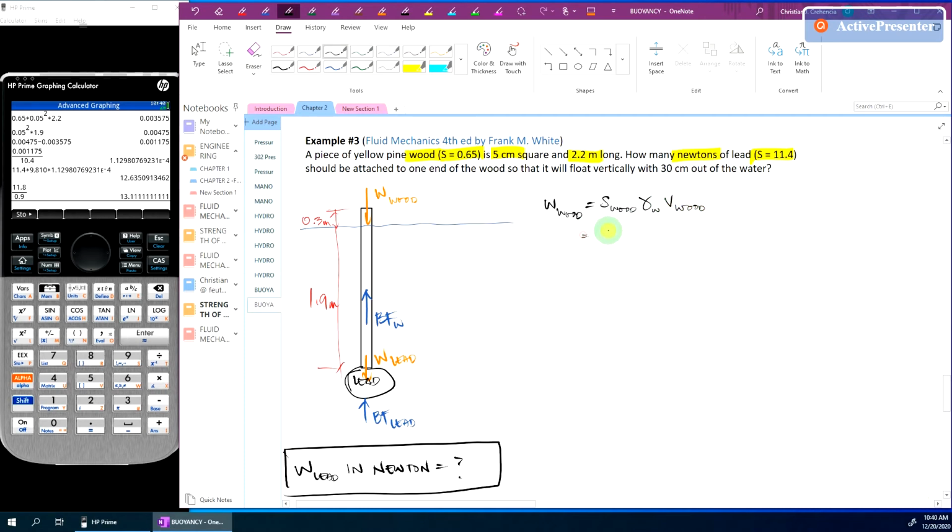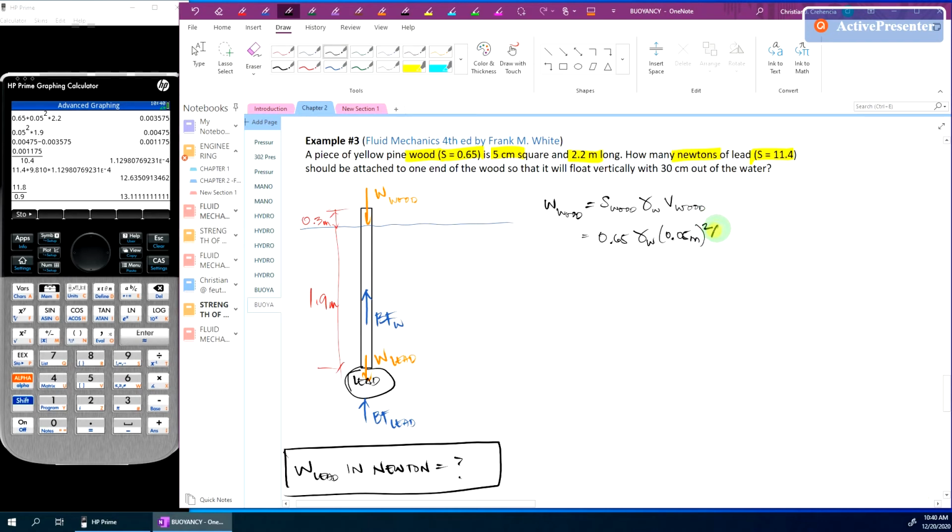Okay? So, this is 0.65 times the unit weight of water. Then, yung volume ng wood is 0.05 meter square. Okay?